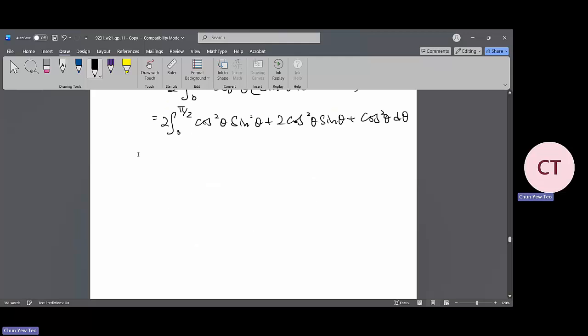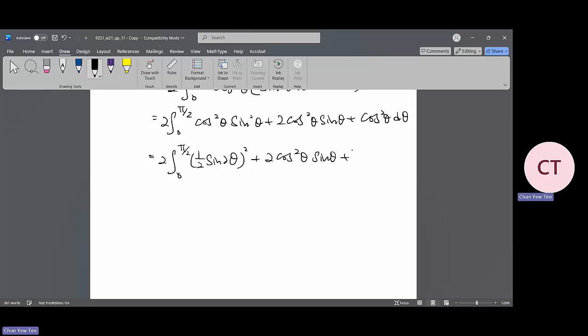Okay. So for this one, we will use a double angle formula of sine 2 theta. Then you'll get this one as half sine 2 theta squared. This one, we just leave it.